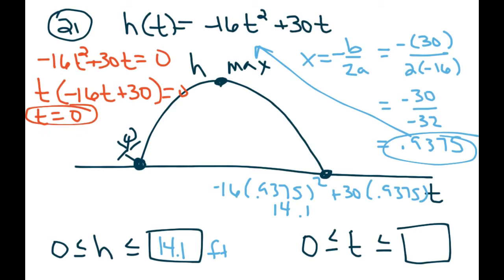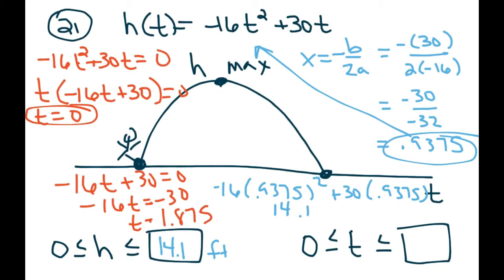T equals 0 is your minimum time. And to find your maximum time, you're going to do -16t plus 30 equals 0. So -16t is equal to -30. So t is equal to 30 divided by 16, which is approximately 1.875 seconds.